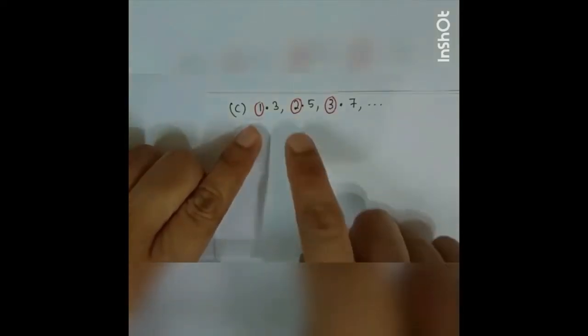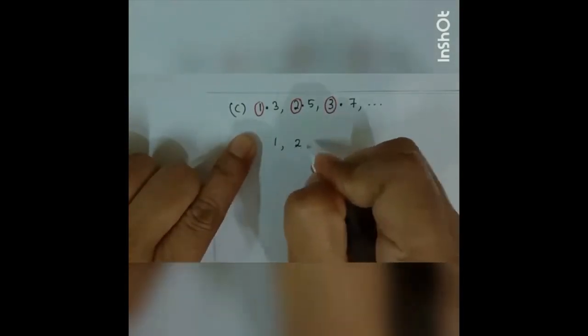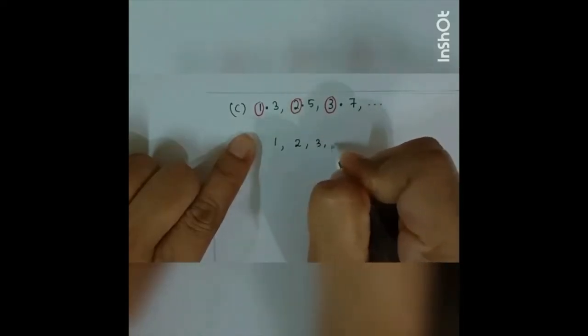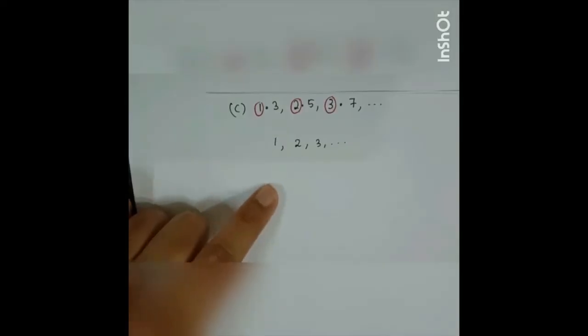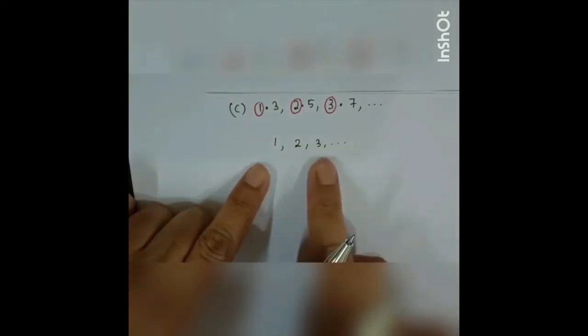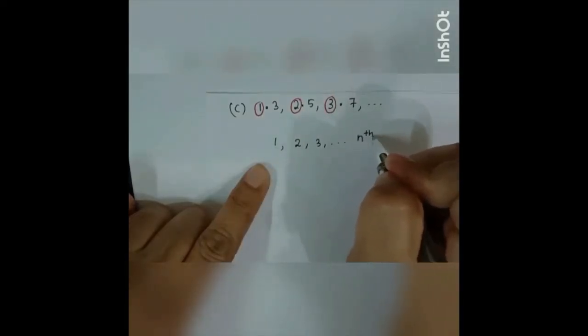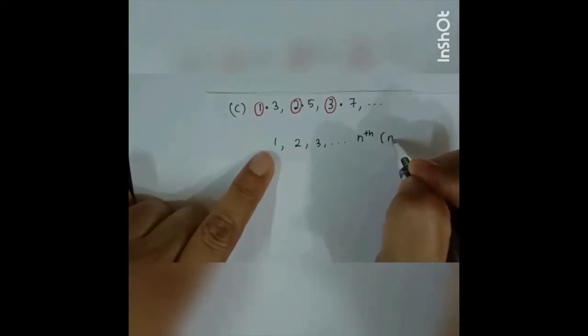In this circle are the first part of the sequence: 1, 2, 3 and onwards. From this sequence, we can see the nth term of this sequence is n.